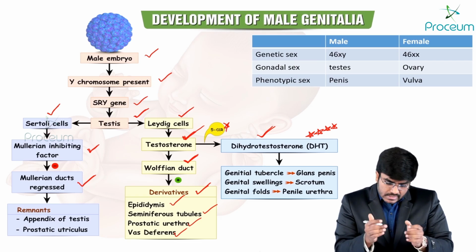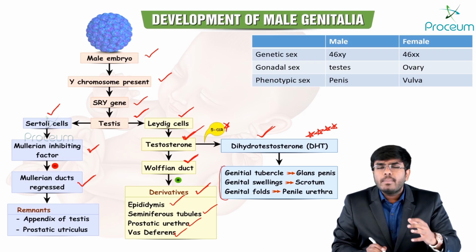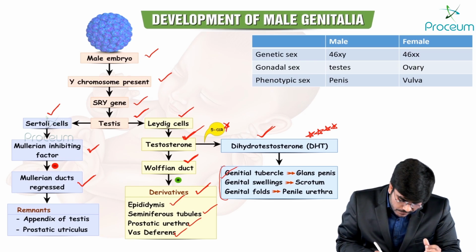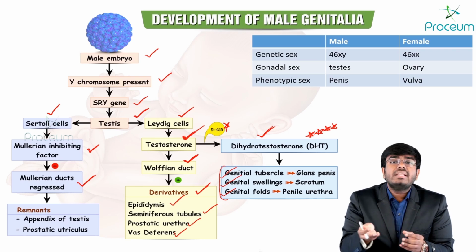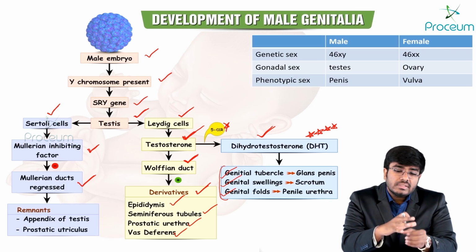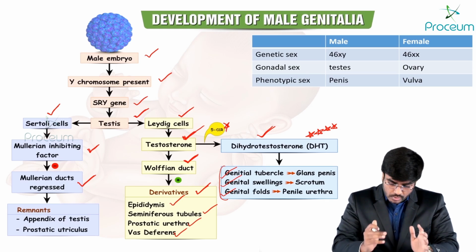It is going to act on certain embryological regions like the genital tubercle, genital swellings and genital folds. Whenever these regions are acted upon by dihydrotestosterone, they will convert into male external genitalia.